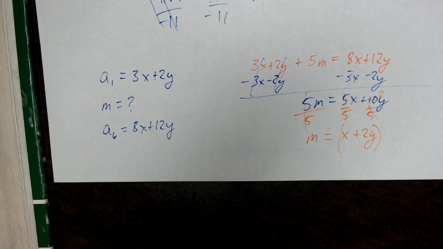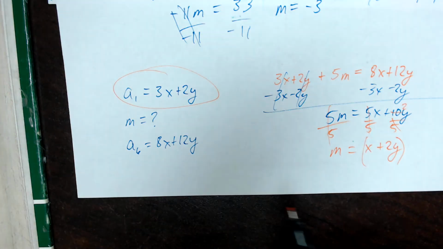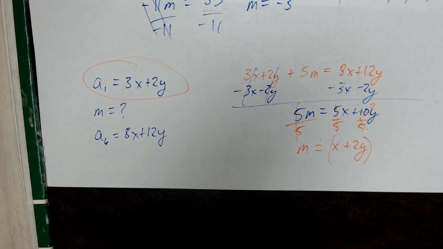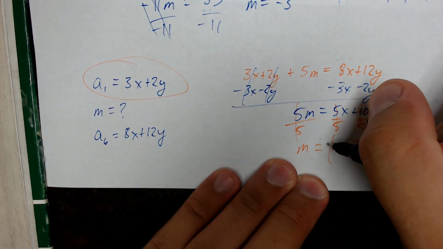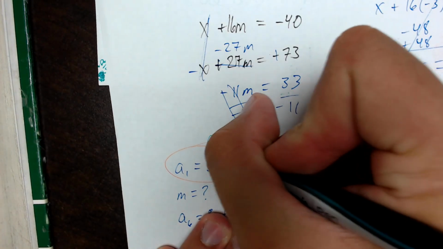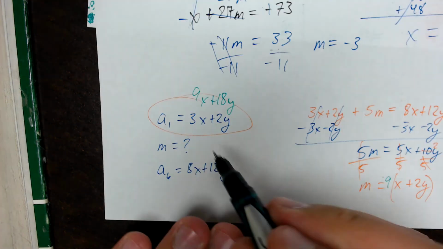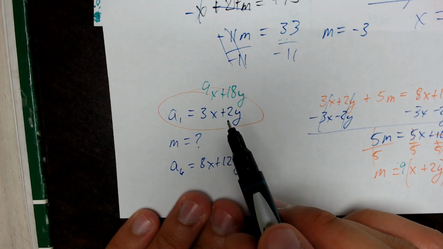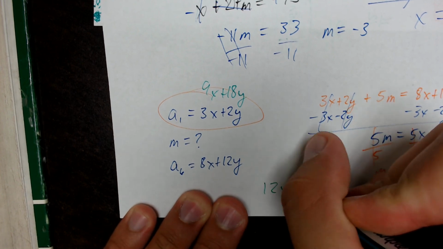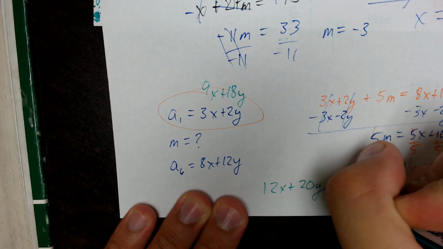So the first term, right here, we just take this and add 9 times the mean. So the mean is x plus 2y. If I take 9 times that, I'm going to get 9x plus 18y, right? So 9x plus 18y plus 3x plus 2y is going to give me what? 12x plus 20y. So the answer is 12x plus 20y.